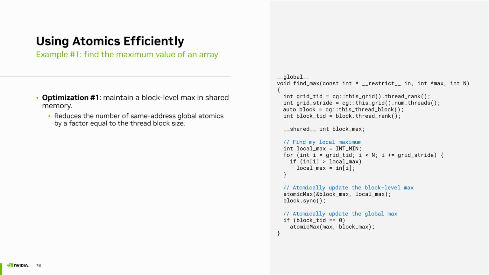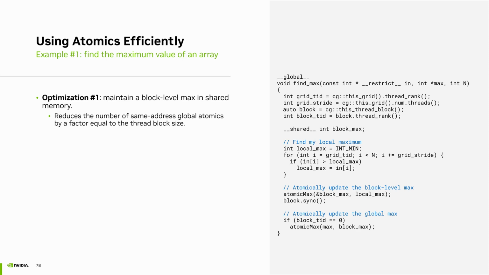So one way to improve on this would be to maintain a local maximum per thread block, okay? Because that would then reduce the number of global atomics we do. So to be more specific, we maintain a block level max in shared memory.